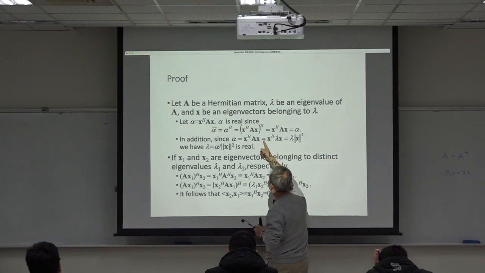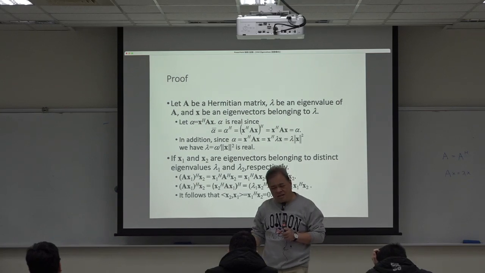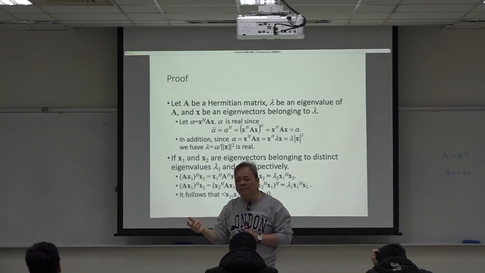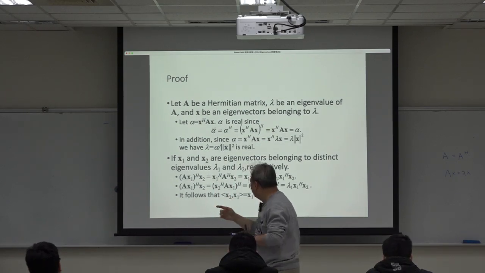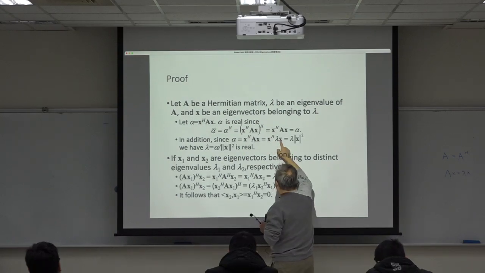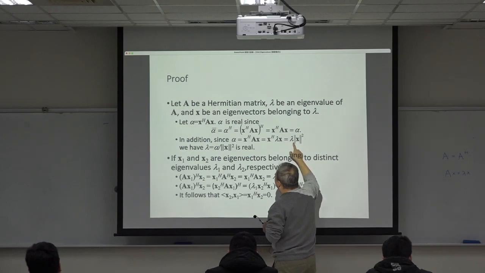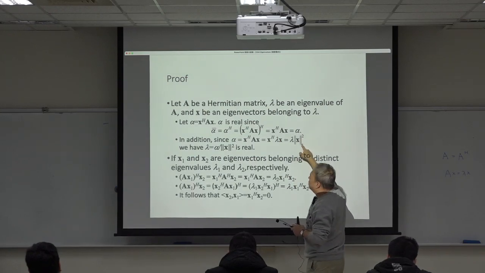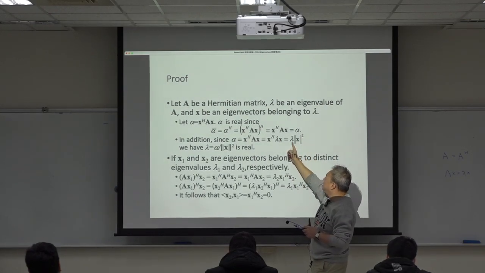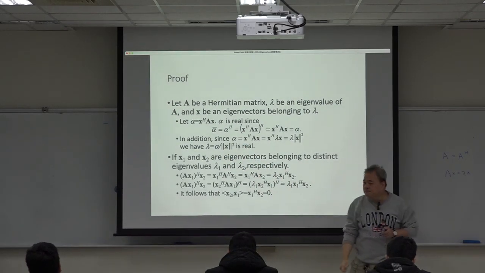We can get the lambda out because it's a value, regardless of whether it's a real or complex number. So x^H x equals the square of the length of x, which is a real number. So it forces lambda to be a real number.